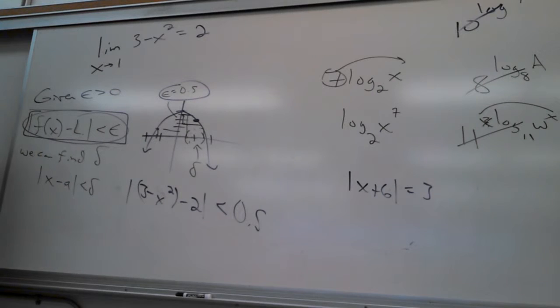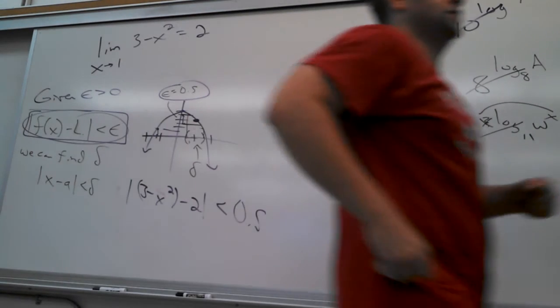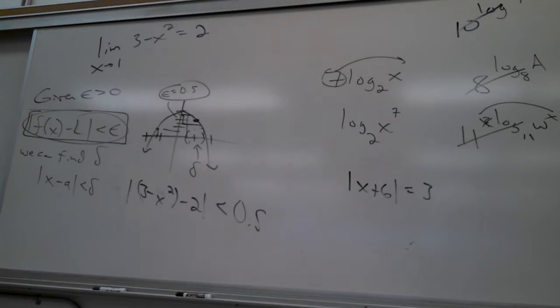So let's look at this visually real quick. I desperately want to show you this before you head out of here. So if you want to play along, if you've got your calculators, don't freak out too much. Obviously, I've got to go deeper into this tomorrow when we have more time. 3 minus x squared. Let's plot that.